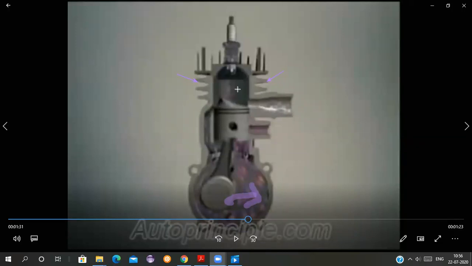The pressure is released because as soon as the piston moves a little bit downwards, the exhaust port here is opening. I have shown you. As soon as it is doing its power stroke, the exhaust port opens and there is a pressure release. So the immense pressure which was raised is not allowed to push the piston.